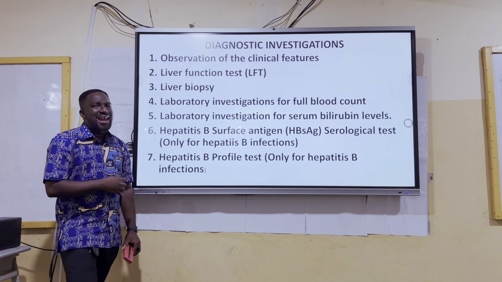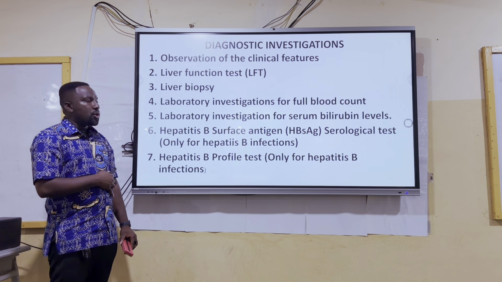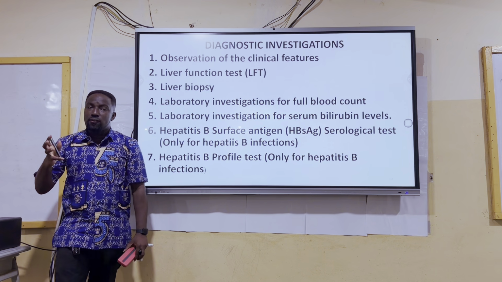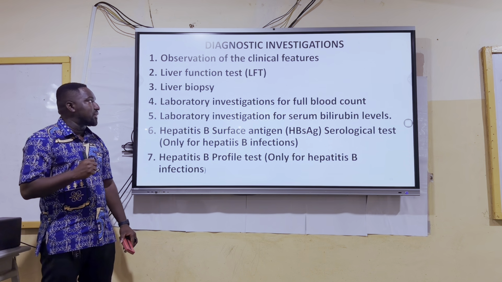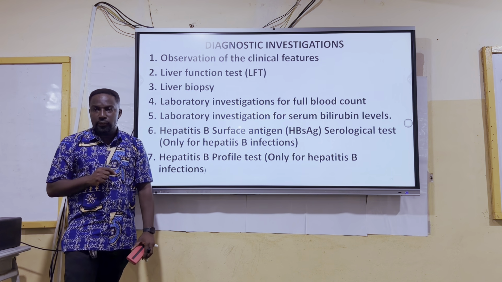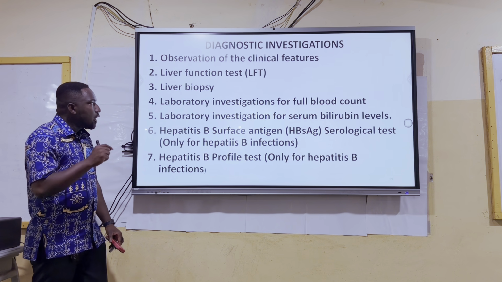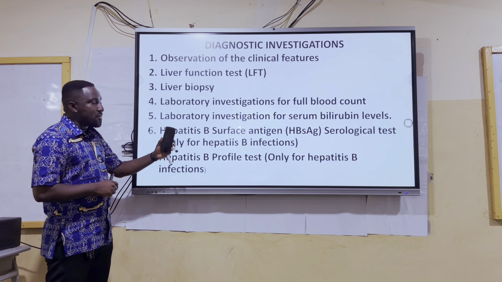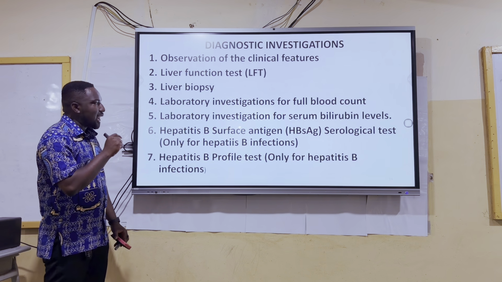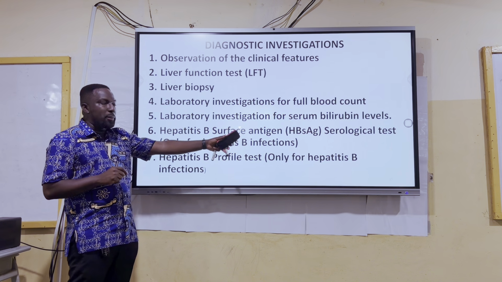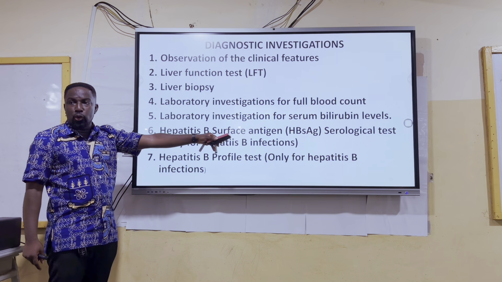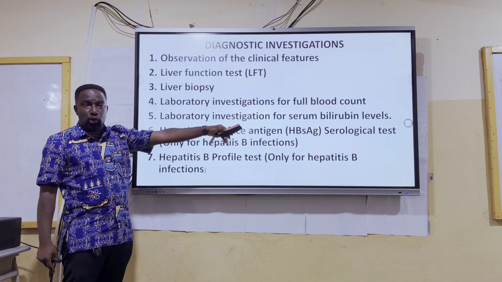What are the diagnostic investigations for hepatitis? Of course, for every medical condition, observation of the cardinal clinical features is a diagnostic feature. Apart from that, liver function test, liver biopsy, laboratory investigation for full blood count, and laboratory investigation for serum bilirubin levels. When there is more bilirubin depositing in the mucosal membrane, that will lead to jaundice, right?